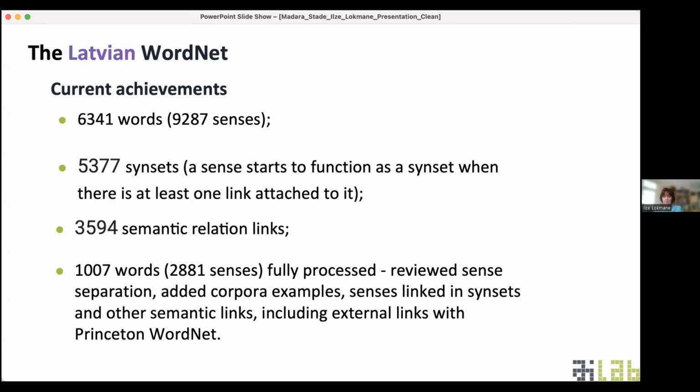The number of semantic relation links, briefly described by my colleague, and the number of words which we considered fully processed up to now. Fully processed means that these words have reviewed sense separation, added corpora examples, senses linked in synsets, and other semantic links, including external links with Princeton WordNet.